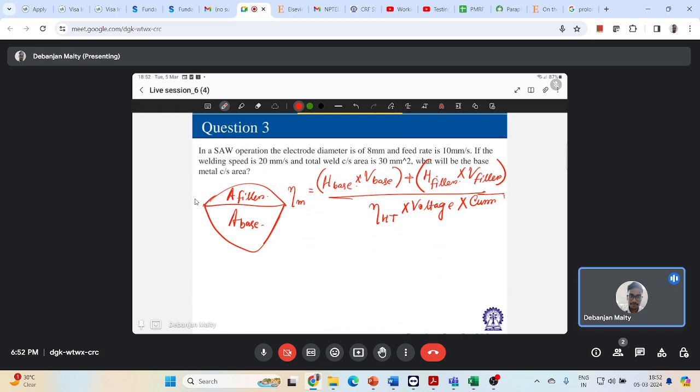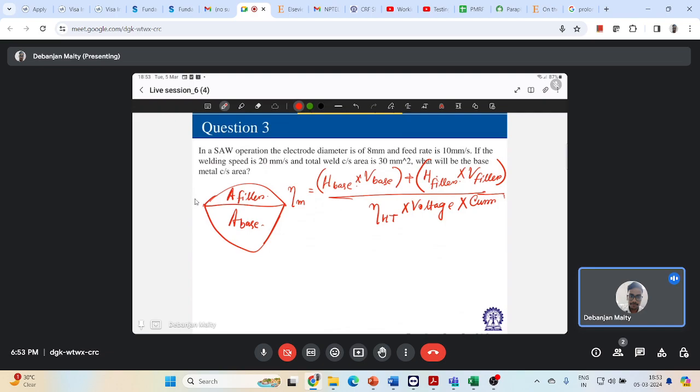Now in this question, I asked about a submerged arc welding operation. I have provided the electrode dia as 8 mm, and the electrode feeding rate. You know that in automatic welding there must be some feeding rate of your electrode, right? So I have provided that electrode feed rate as 10 mm per second.